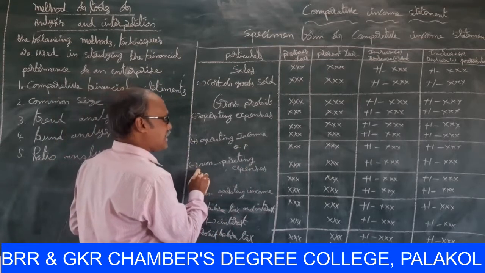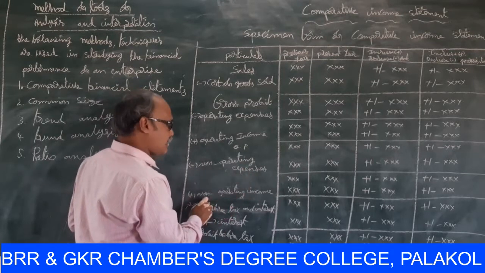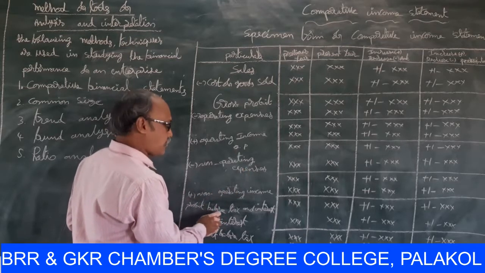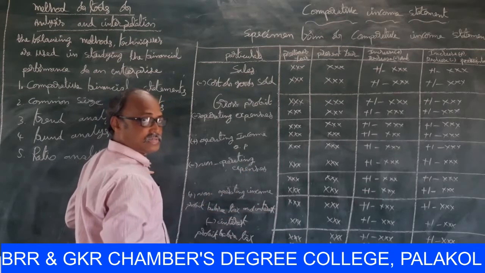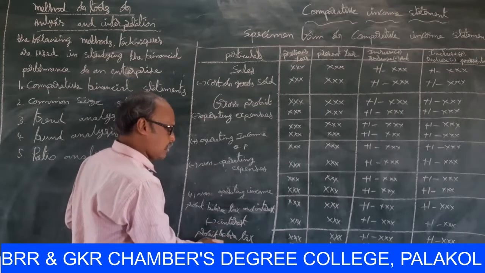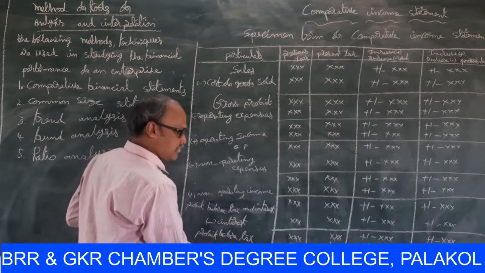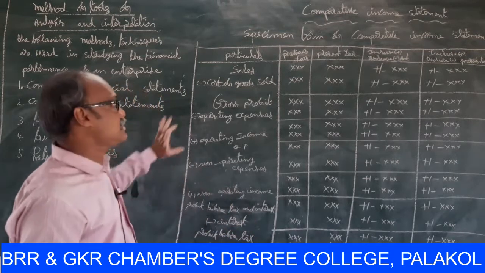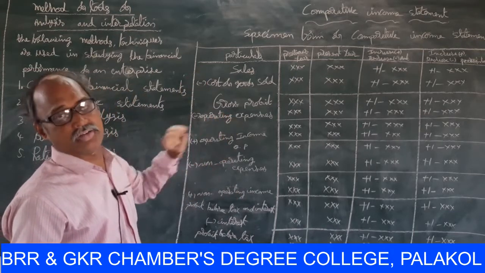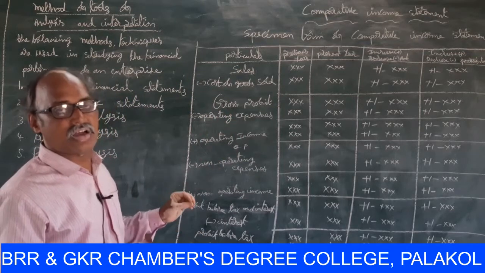Next, less non-operating expenses, add non-operating income, then we find profit before tax and interest. Less interest, then we find profit before tax. Less tax, then we find profit. This is the specimen form of comparative income statement for analyzing and interpreting the income statement.